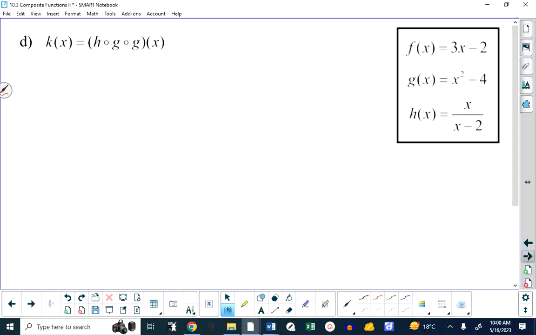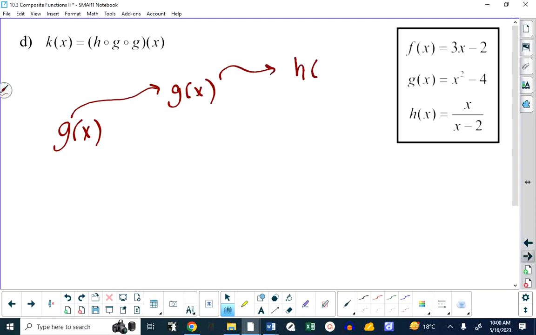H of g of x. So what does this mean? This means that x is going to go into g of x, and whatever comes out is going to go into h of x. I'm just showing you visually a different way to look at this.